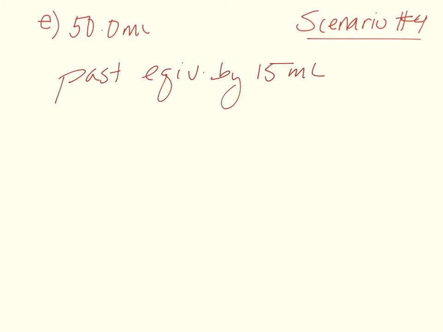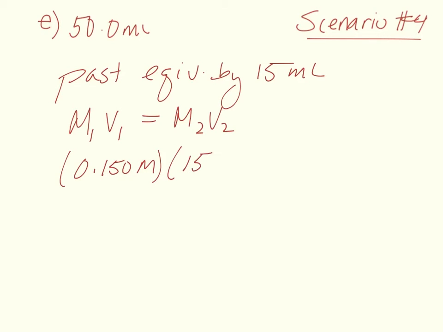We're now 15 milliliters past that. So again, just figure out what the molarity of that excess base is once you dilute it down. We had 0.150 molar sodium hydroxide. We're adding 15 milliliters of it to a container that now contains a total of 85 milliliters of solution: the original 35 milliliters of acid plus the 50 milliliters of base gives us a total of 85 milliliters.